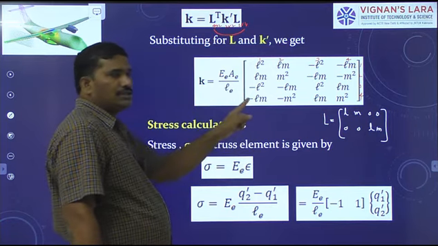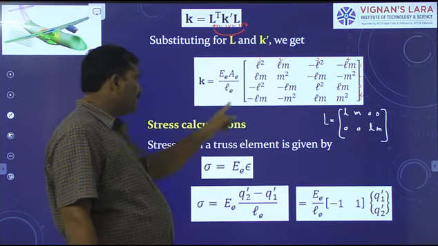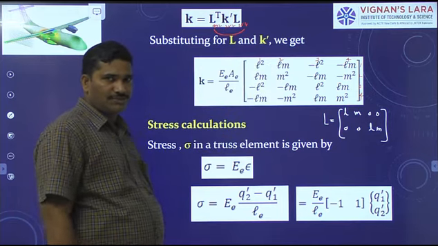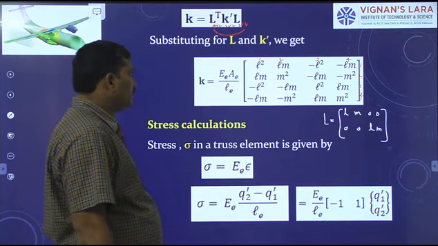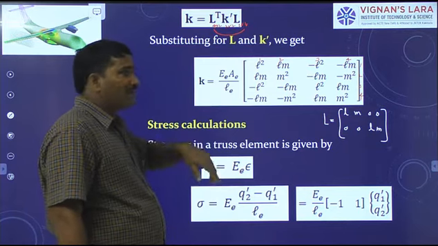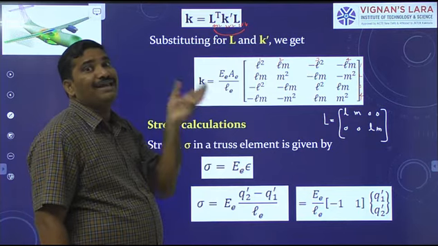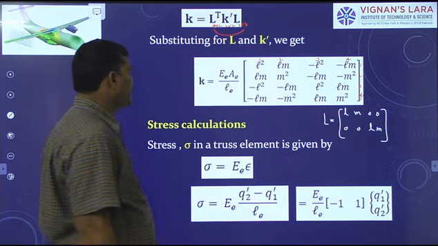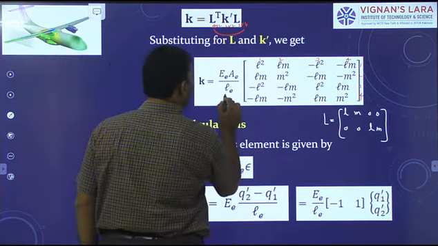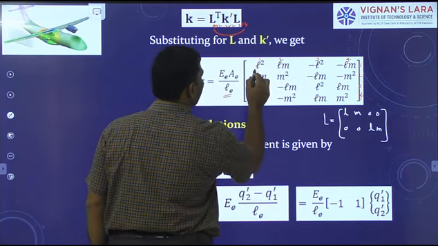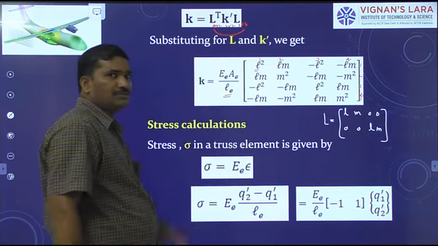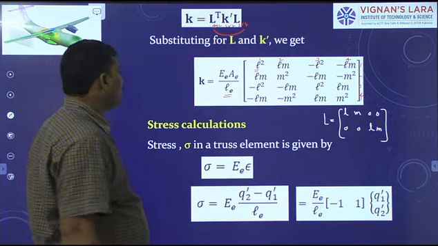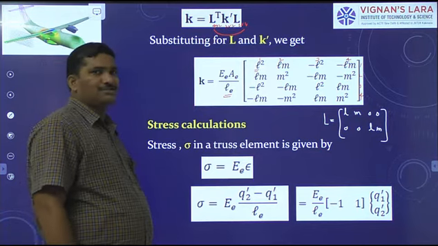We can determine this element stiffness matrix with respect to the global reference frame after calculating the direction cosines L and M. Remember here LE is the length of the element, and here L is the direction cosine. Be careful.